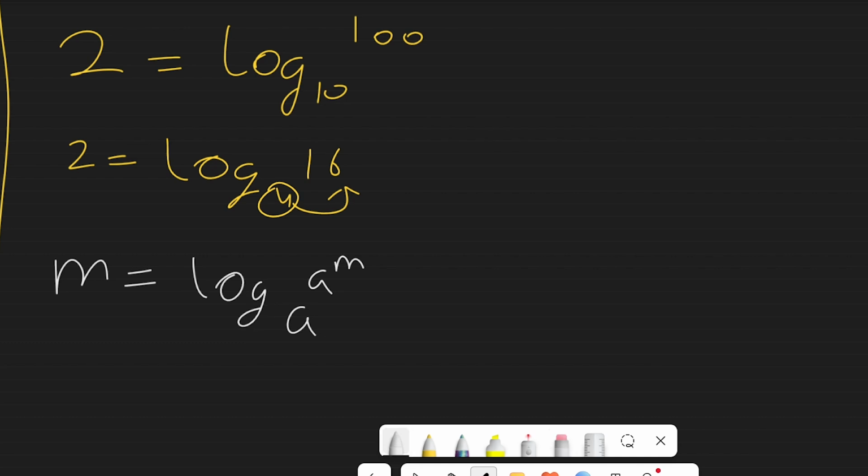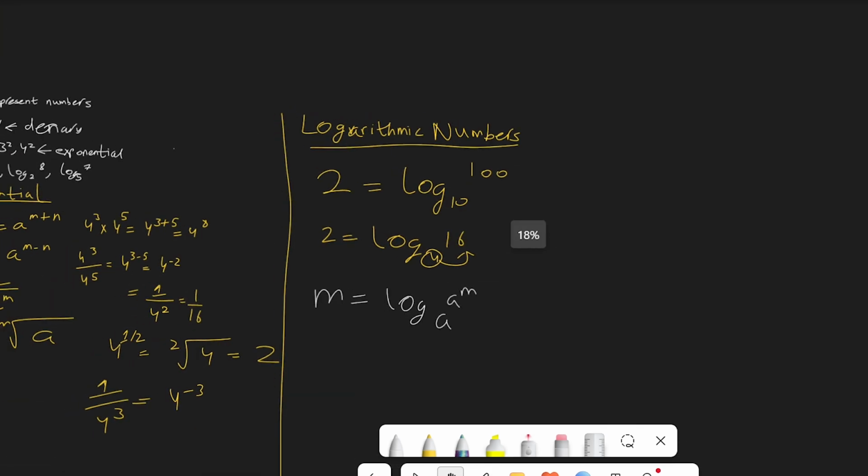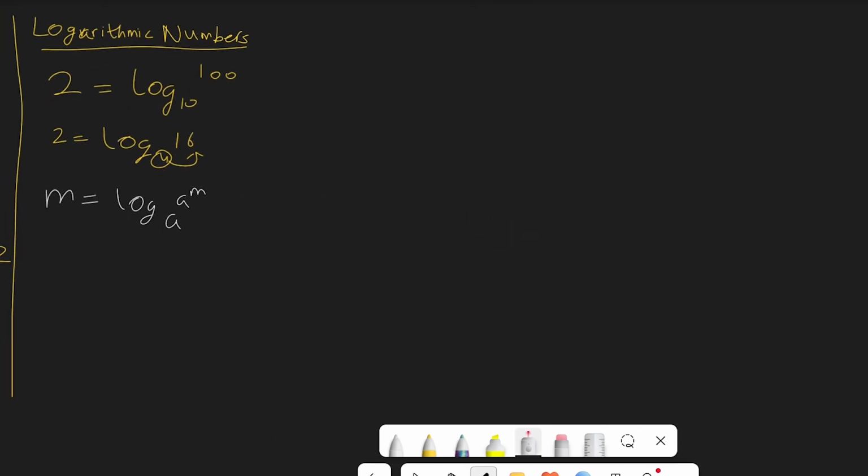It can also be seen from over here that, for example, if we have m, which is 2, then it would be log of a, where a could be any number, and then a power m is basically 4 squared, that is 16 over here. So this leads us to the general rules of logarithm.